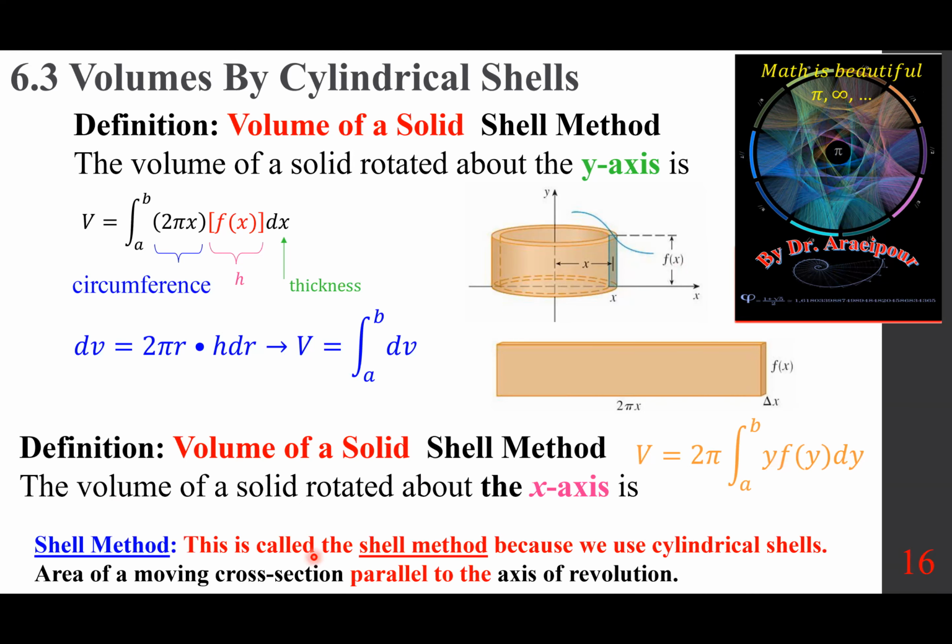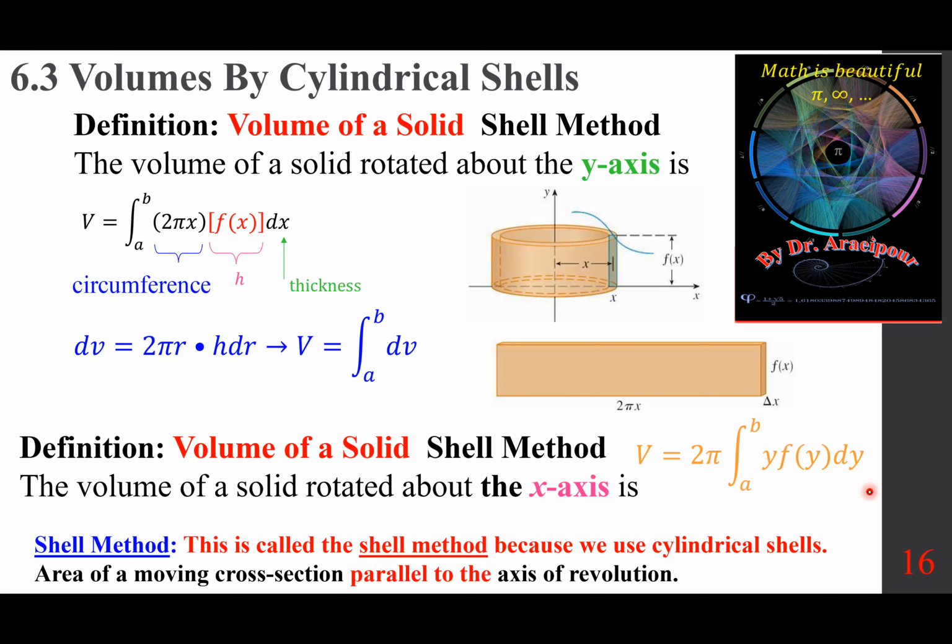This is called the shell method because we use cylindrical shells, the area of a moving cross section parallel to the axis of revolution. So either y f of y dy or x f of x dx.